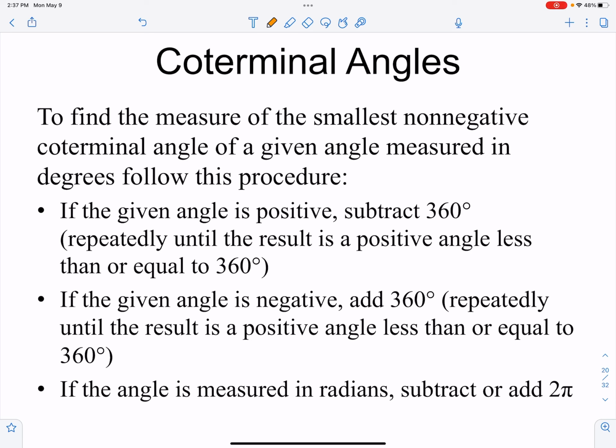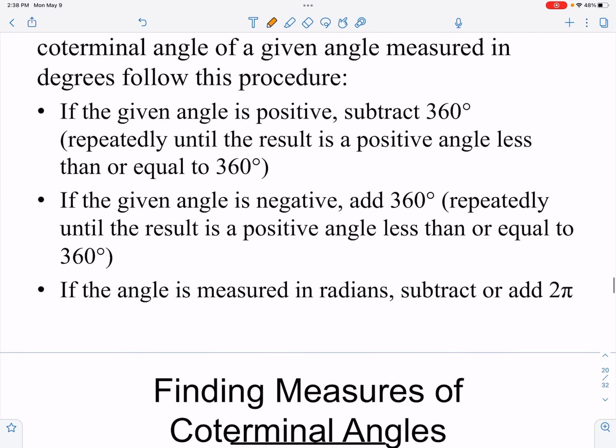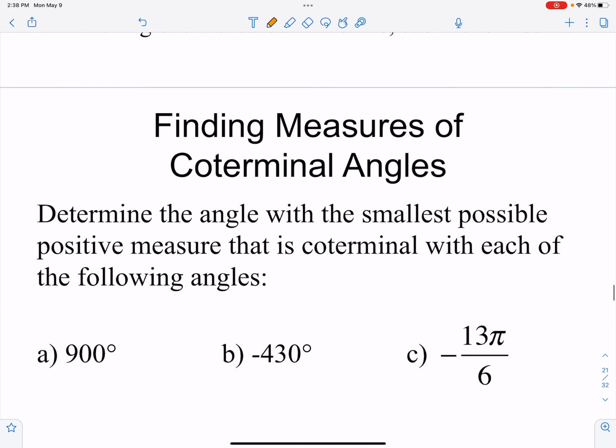So if you have an angle that's outside of 0 to 2 pi or 0 degrees to 360 degrees, and you're trying to evaluate sine, cosine, tangent, or any of the reciprocal trig functions for that angle, you can try to find the angle's coterminal angle that is between 0 and 360 degrees or 0 and 2 pi. And if that angle is from the unit circle, then you can evaluate the trig function for the original angle, because you'll have the same ratios of the trig functions.